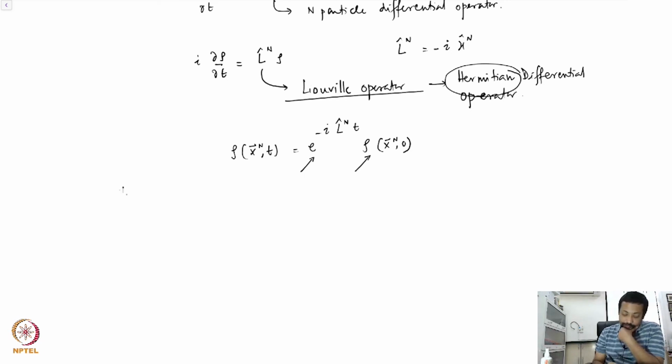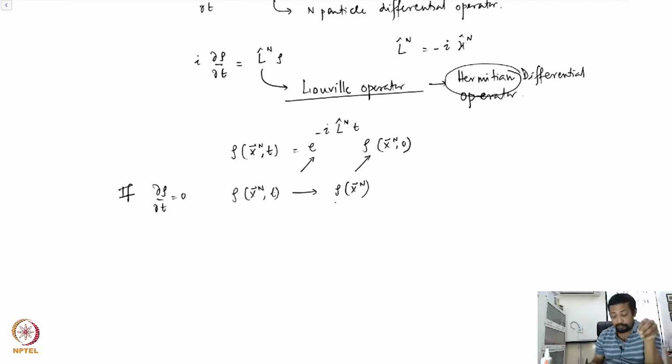If, let's say, del rho del t is equal to 0, which means that the probability density rho of xn no longer is a function of time, and becomes just a function of the phase space variables. Typically that is what happens when you are in equilibrium.